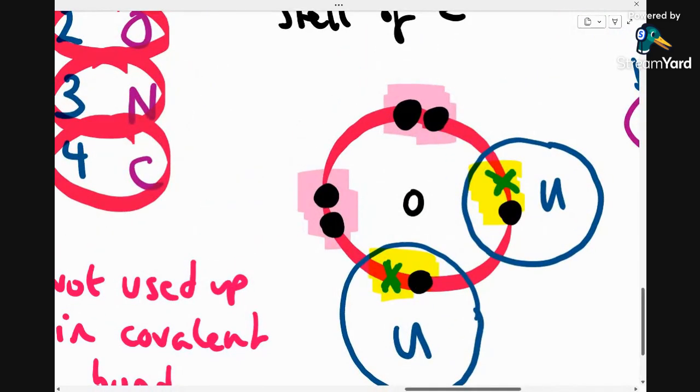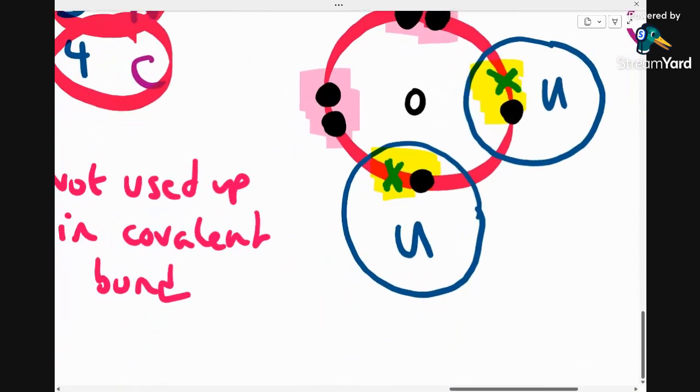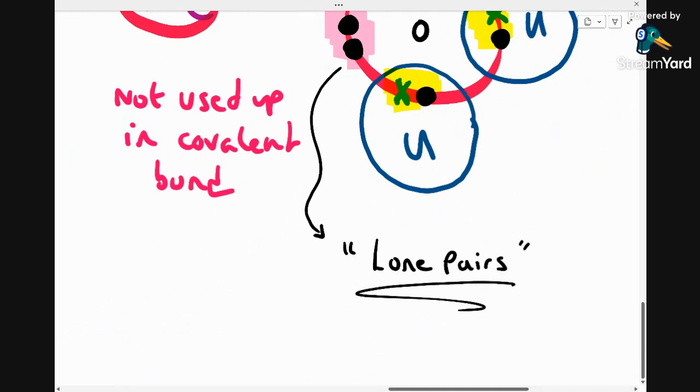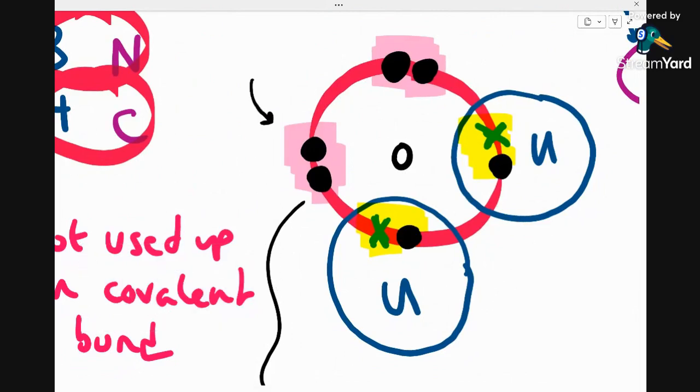Because they are sitting there by themselves, they're not being used up in a covalent bond, we do actually give them a special name, and we call them lone pairs. So in pink here, I'll draw the arrow down here, we call them lone pairs. So we've got one set of lone pairs here and another set of lone pairs.